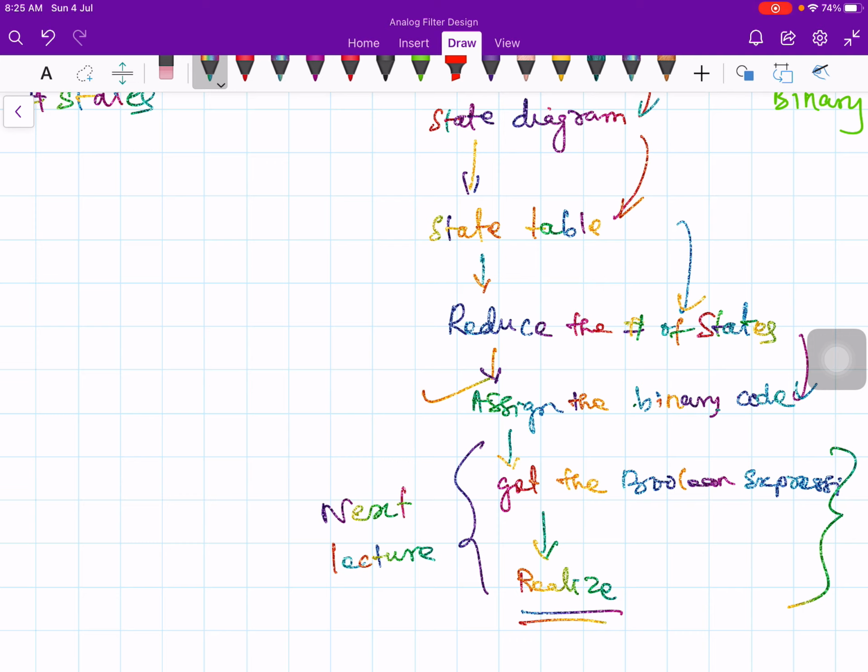Okay, so this sequential circuit is the heart of your computer, your mobile phone, or any electronic circuits. Wherever you see some electronic gadgets, you will find sequential circuits. Even take a very simple automobile, for example, your scooty or any scooter.